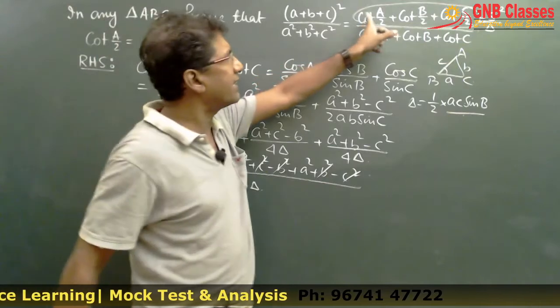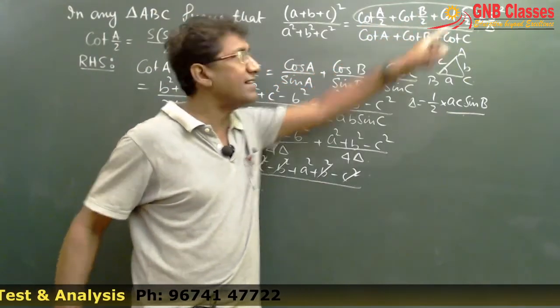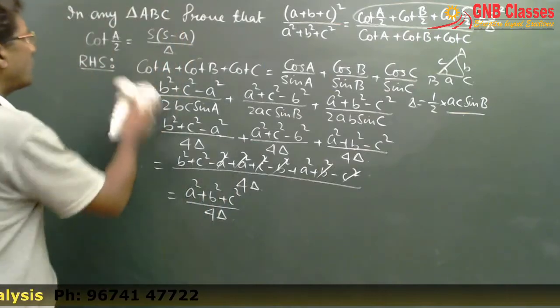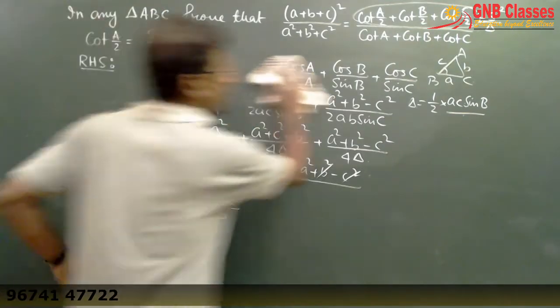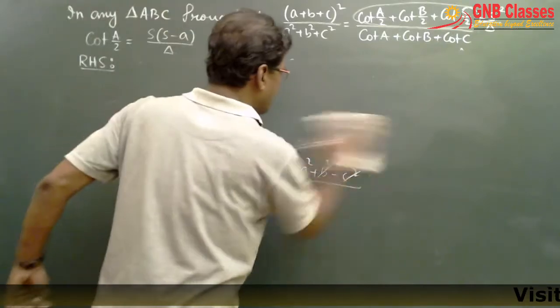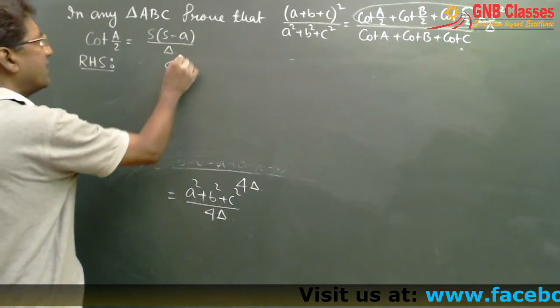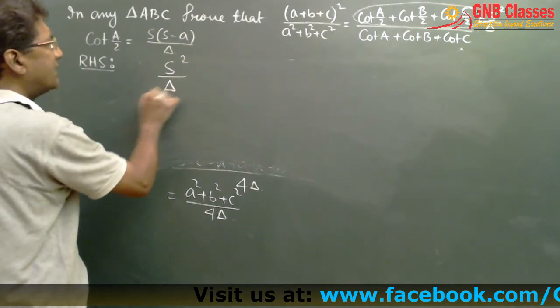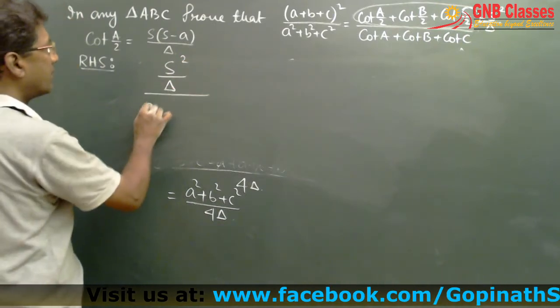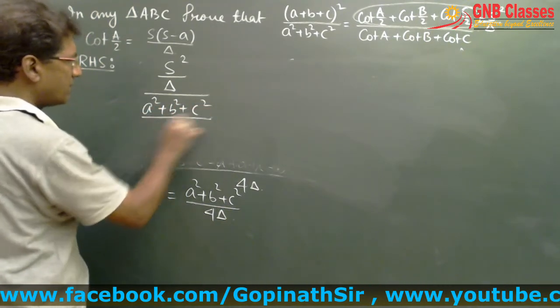Now, in the numerator, that is cot A by 2 plus cot B by 2 plus cot C by 2, we got it as s square by del. So, what are we going to get here? Now, let me just rub this portion. And in the right hand side, now you observe carefully, we are going to get s square by del divided by A square plus B square plus C square divided by 4 del.